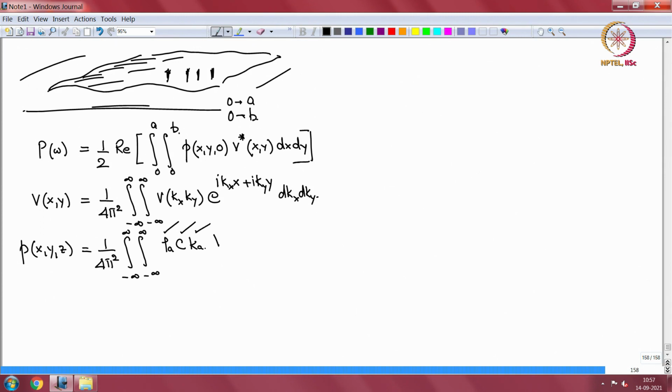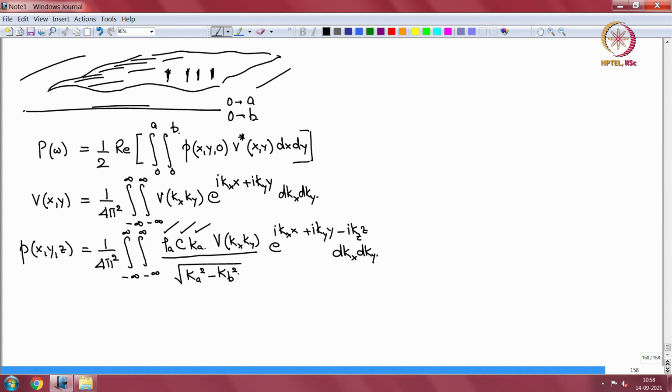V of kx ky divided by square root of Ka square minus kp square, e to the power I kx x plus I ky y minus I kz z, dkx dky.